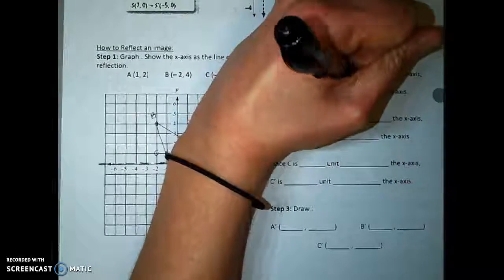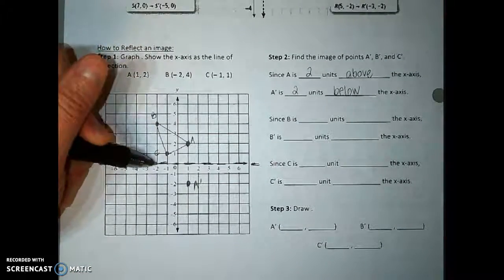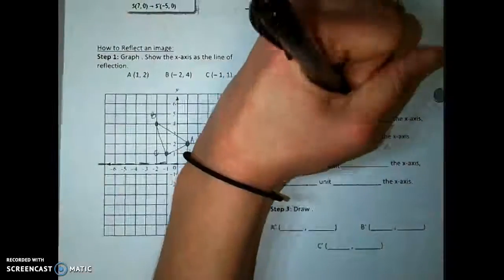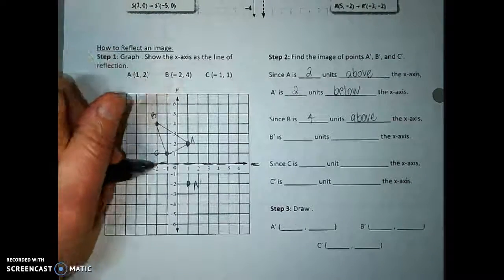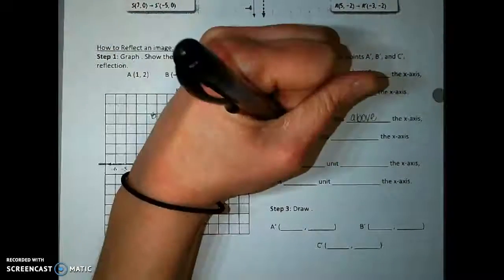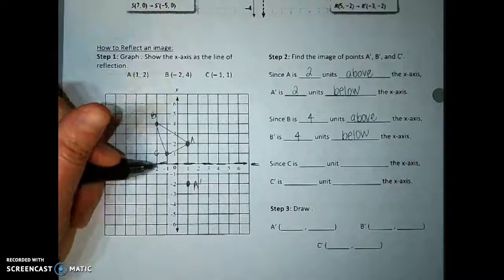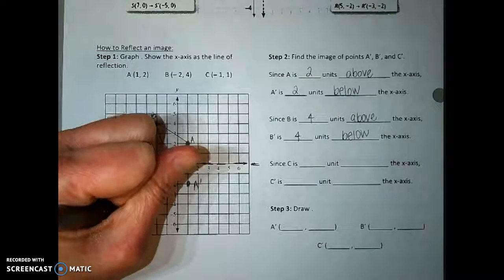Now we're going to do the same thing with our other 2 points. So notice that B is 1, 2, 3, 4 units above our x-axis, our line of reflection. And so B prime has to be 4 units, but below. So B prime is 4 units below the x-axis. So let's go ahead and mark B prime, 1, 2, 3, 4 units below.